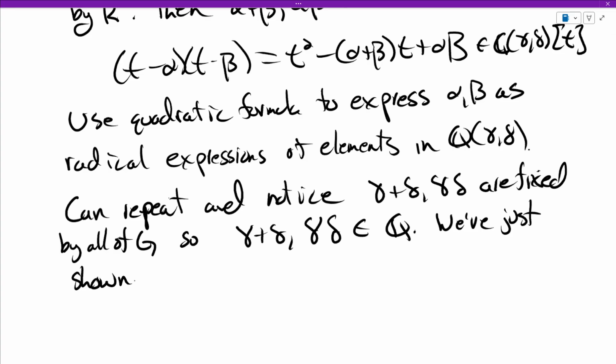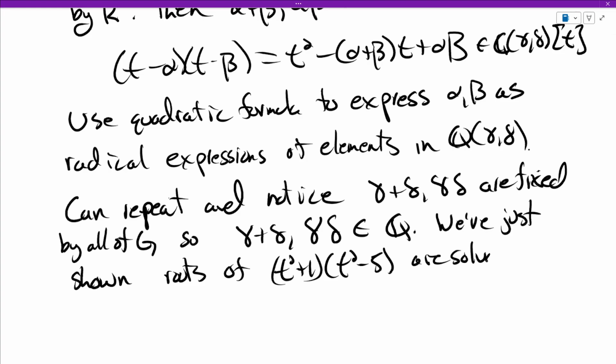Okay. So we've just shown, we knew this already, but we've just shown that the roots of our original polynomial are solvable by radicals, by radical expressions.